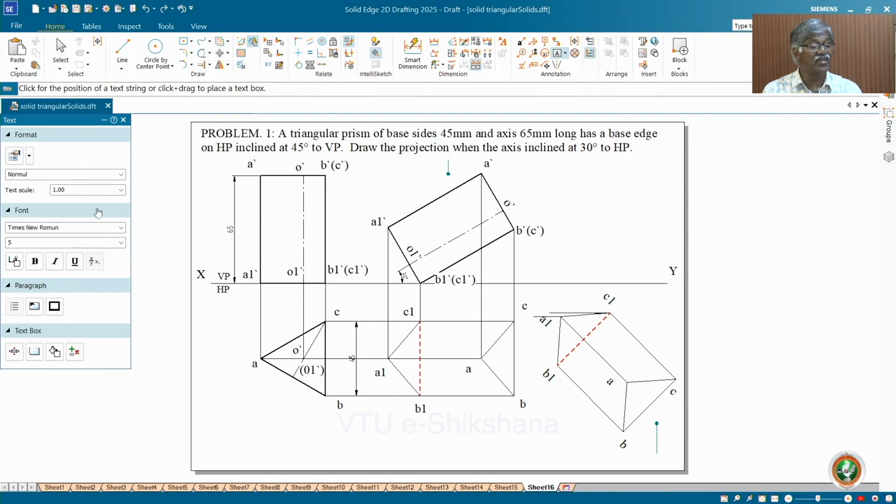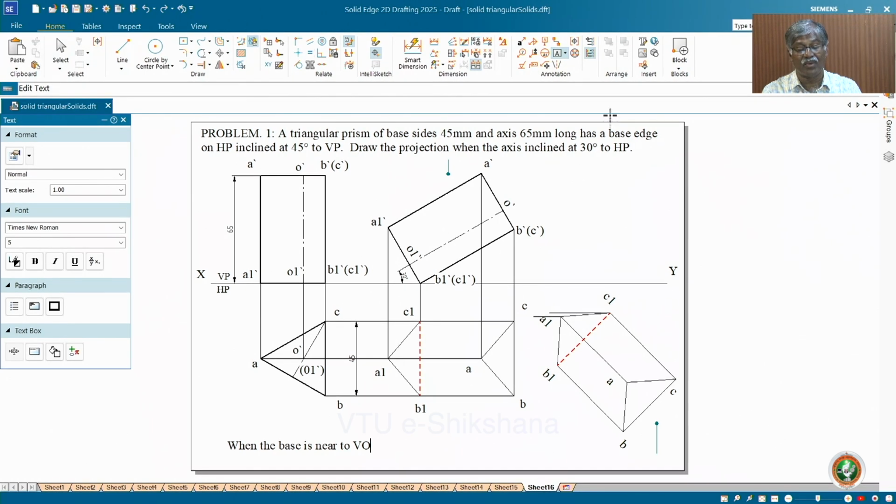Okay, I will just mention here. When the base is away from the observer, or the base is nearer to the VP, see, when the base is nearer to the VP, then the top face is naturally nearer to the observer.